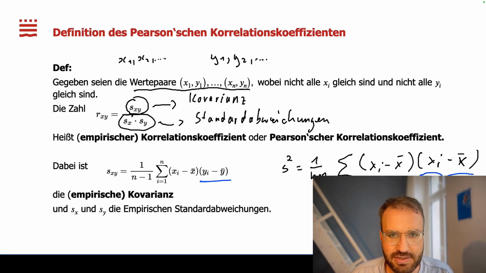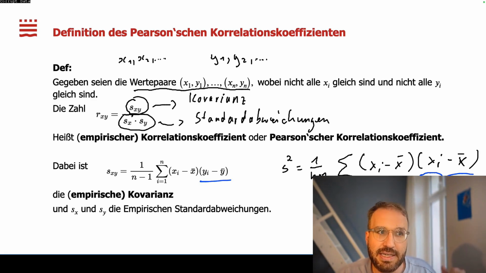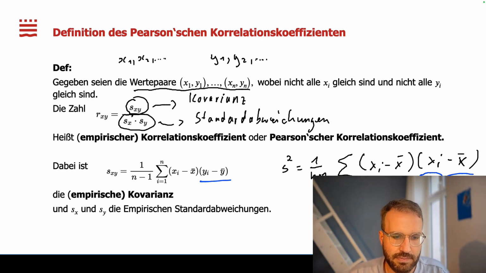Covariance is the number that describes exactly this. When it is negative, it indicates that when one is large, the other is small, and when it is positive, it means that when one is large, the other is also large. This means that the sign of this covariance ultimately determines the qualitative nature of the relationship.